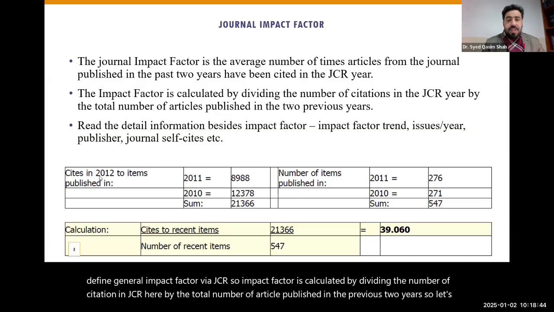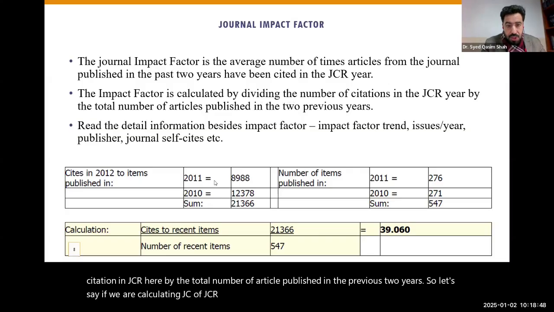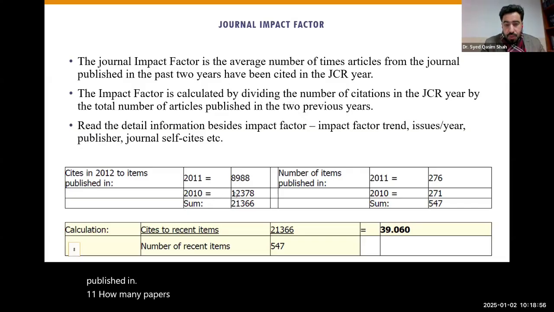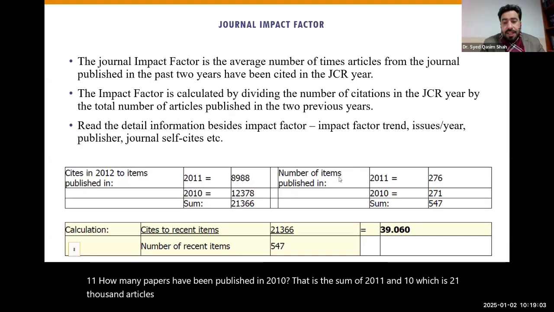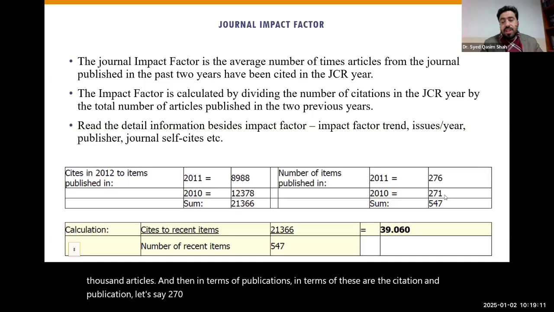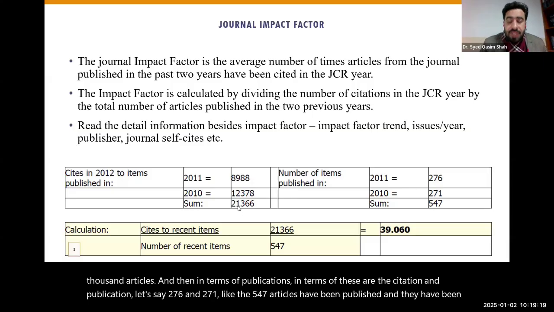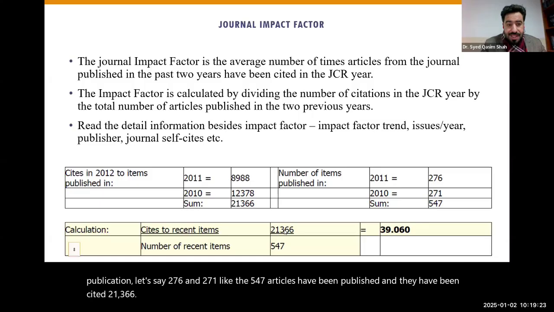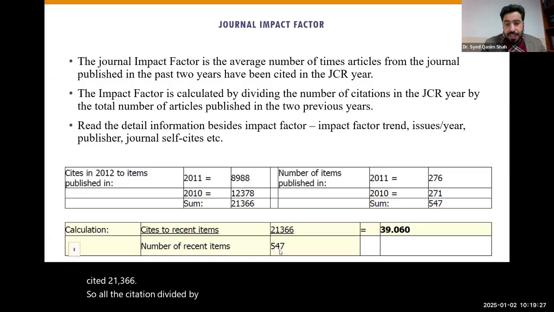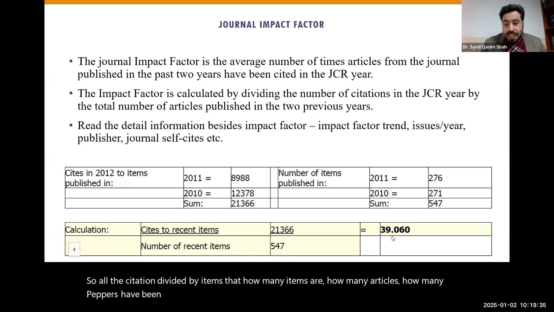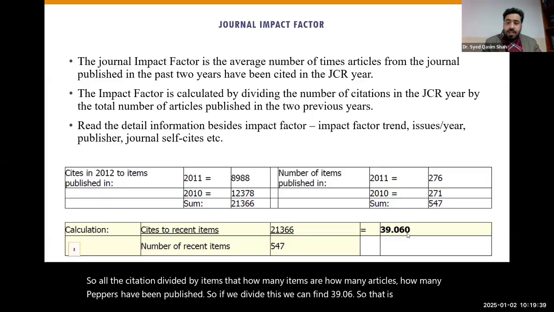So if we are calculating JCR of 2012, we are interested in how many papers were published in 2011 and how many in 2010. Let's say that sum is 547 articles, and they have been cited 21,366 times. So all the citations divided by the items, how many papers have been published, gives us 39.06. That is the impact factor of the journal.